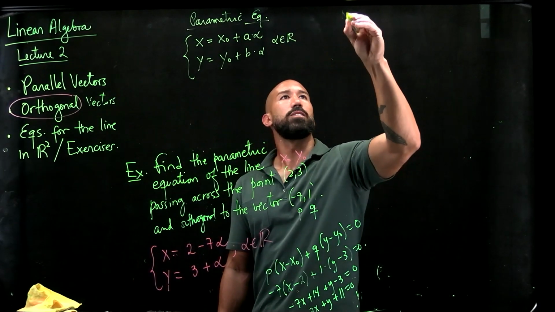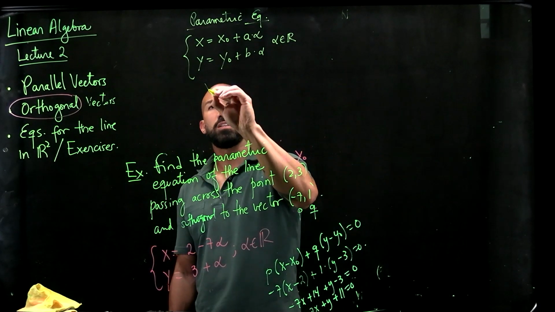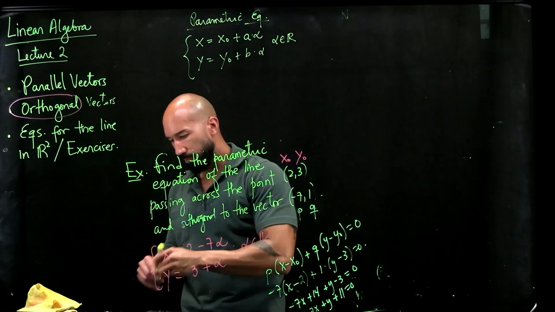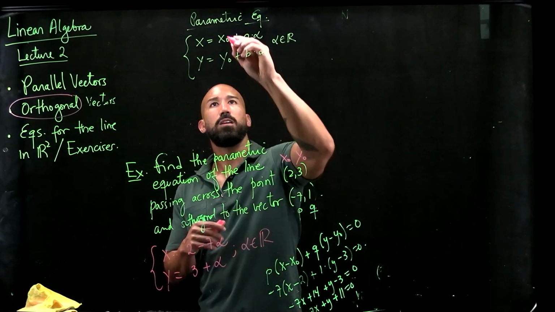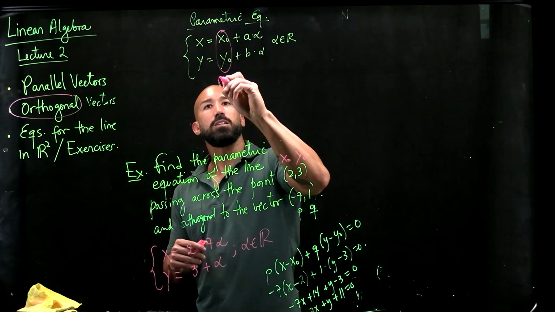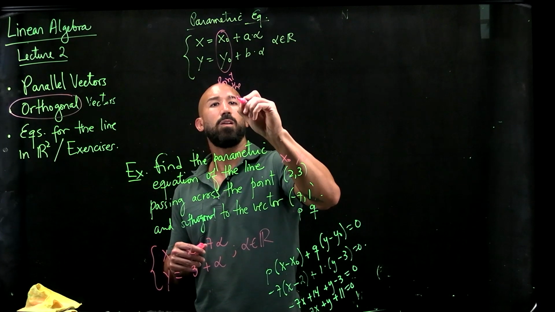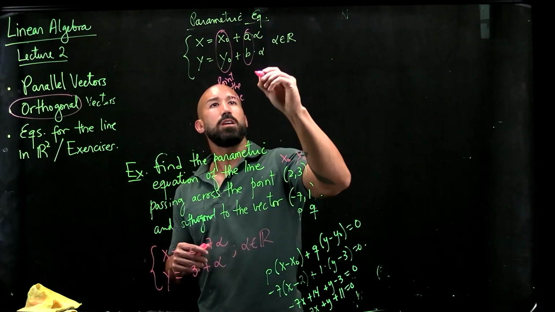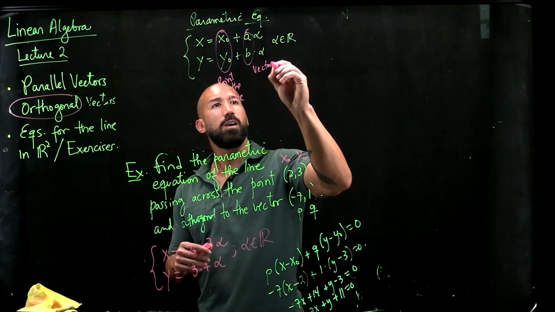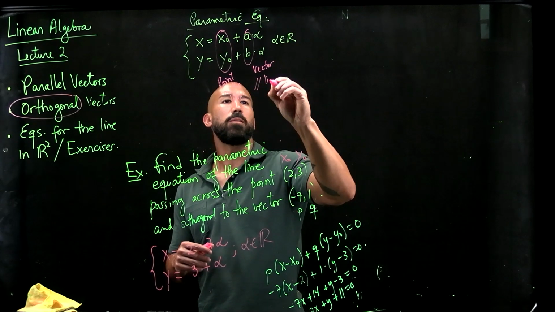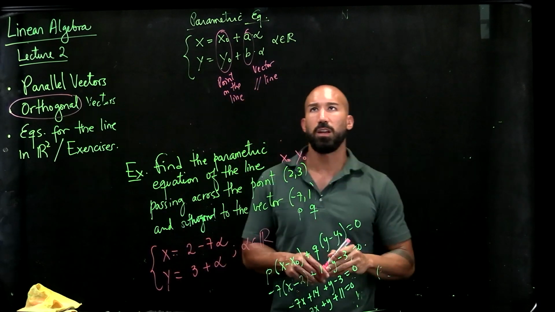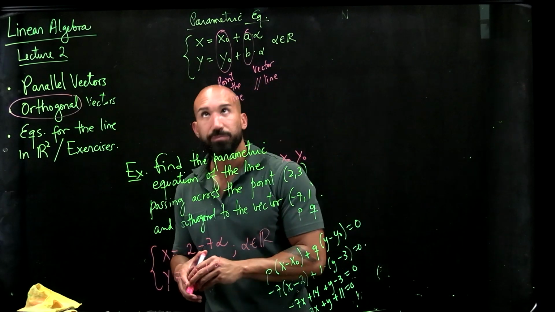And we have here x0, y0 is a point on the line. AB is a vector parallel to the line. Okay, alpha is the parameter.